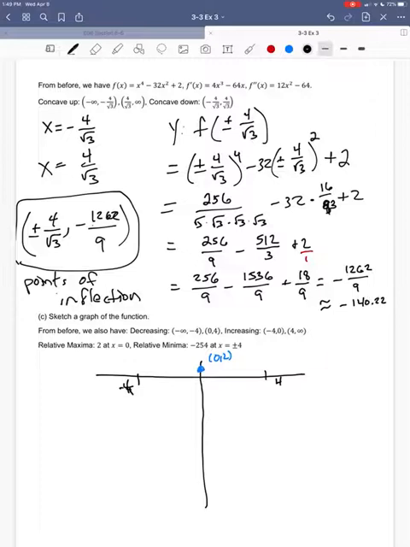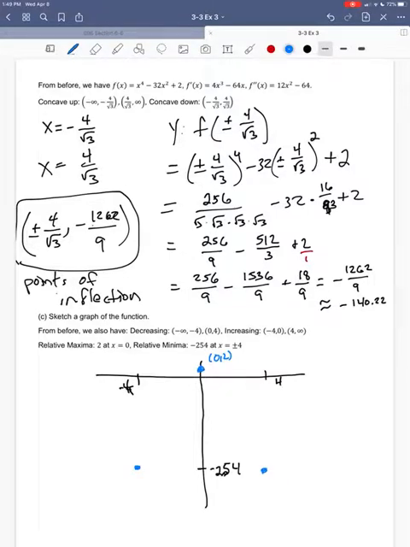Negative 254 down here somewhere. So, negative 4, negative 254 would be like that. Positive 4, 254 would be like that. Those are my relative minimum and maximum points.